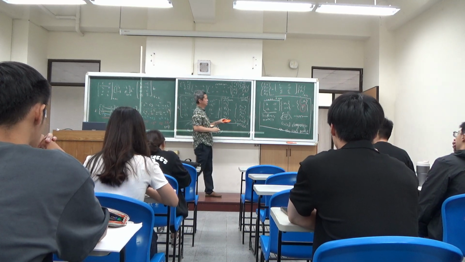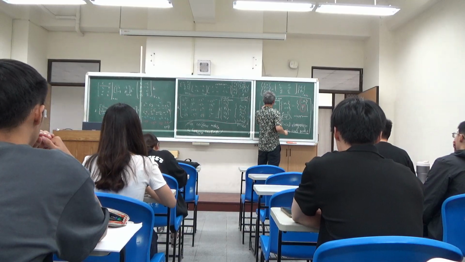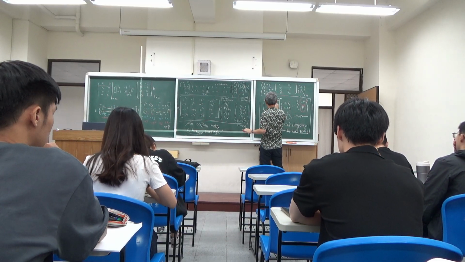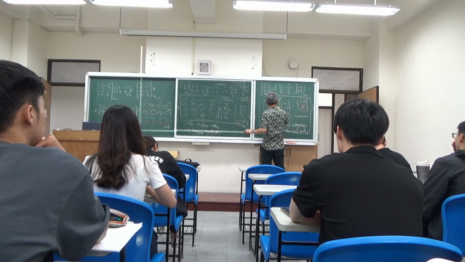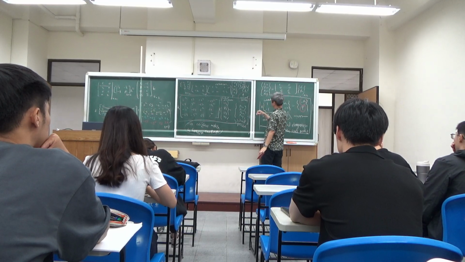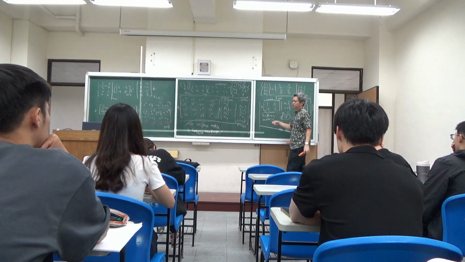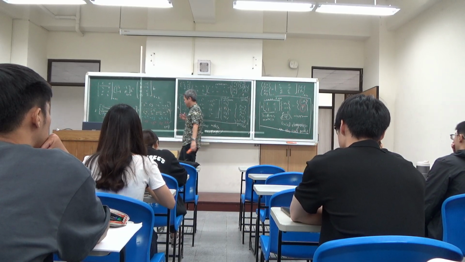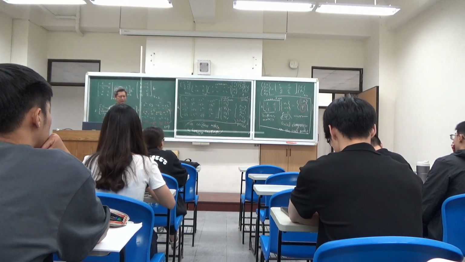Okay, if you want to see more clearly, the expression of your truss matrix is positive 1, minus 1, minus 1, 1, times k. Okay? So what should you do to check if it is correct or not?